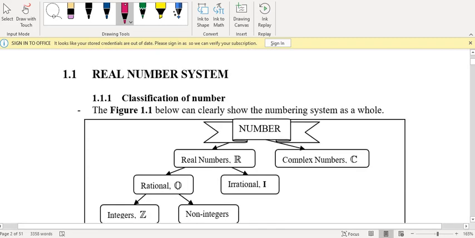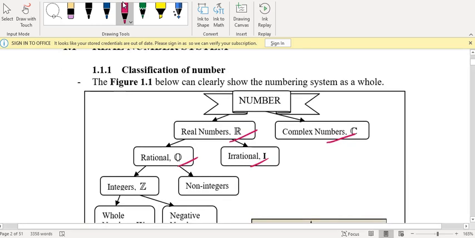Numbers can be classified as real numbers and complex numbers. Real numbers consist of rationals and irrationals. Then you have integers and non-integers.